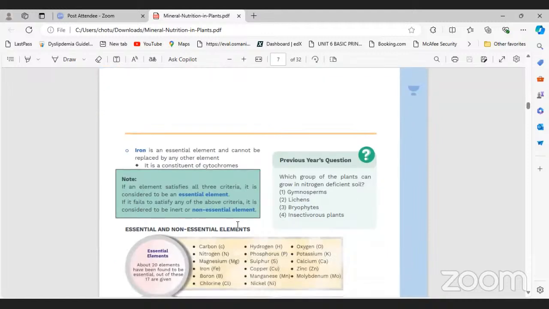If an element satisfies all three criteria, it is considered to be an essential element. If it fails to satisfy any of the above criteria, it is considered to be inert or non-essential.